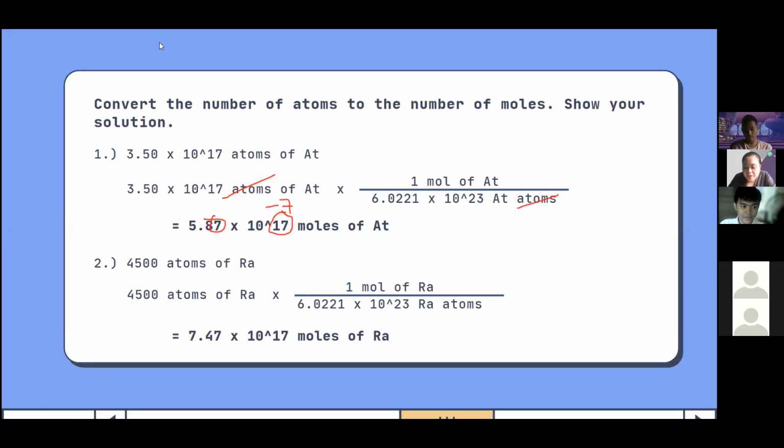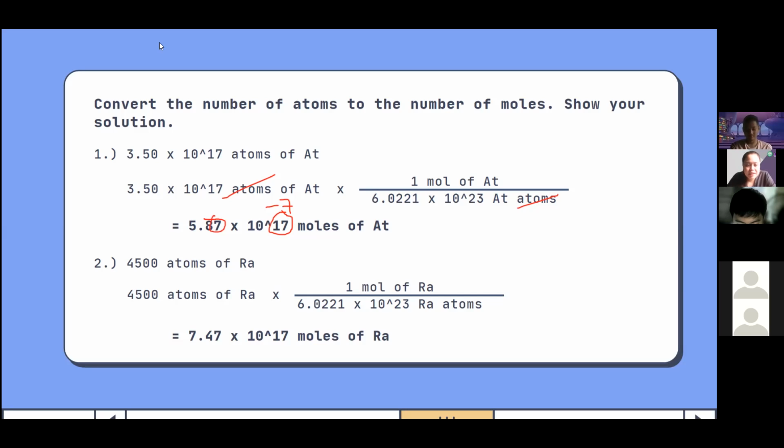Again, 5.81 times 10 raised to the power of negative 7 moles of astatine, yung equivalent sa 3.50 times 10 raised to the power of 17 atoms. Okay, please take note of the correction. That's for number 1. And then, for number 2, we have the given 4,500 atoms of radon.